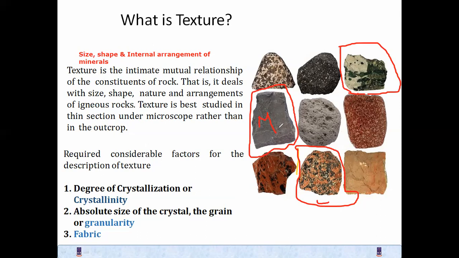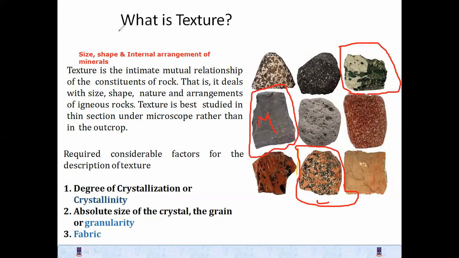When you look here in the rock, we can see all throughout that rock, black color minerals are there. So such types of rocks are considered as monomineralic rocks. Okay. So different types of minerals are present in the rock. That's why we have to study the properties of the minerals, and the meaning of texture, size, shape, and internal arrangement of minerals.